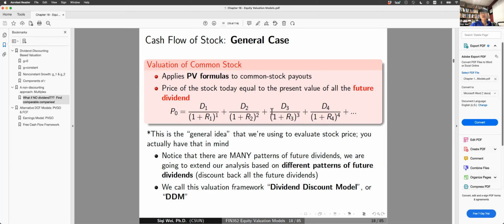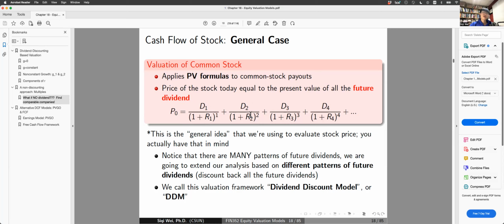These are public information. So my point is, if we believe a firm is going to pay dividends, we can argue the price of the security is the discounted value of future dividend payouts. All you need to do is to discount back all the future cash flows with an appropriate discount rate. That's it.